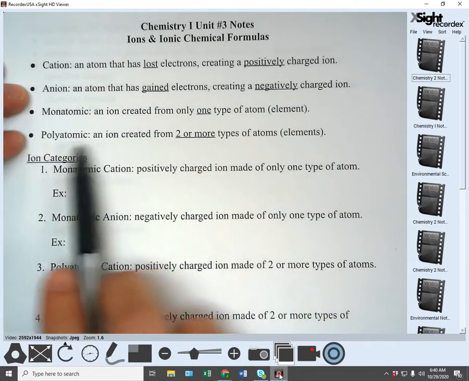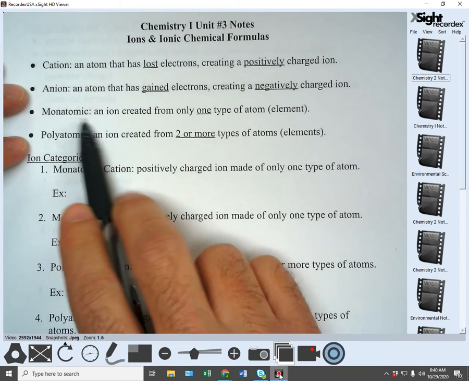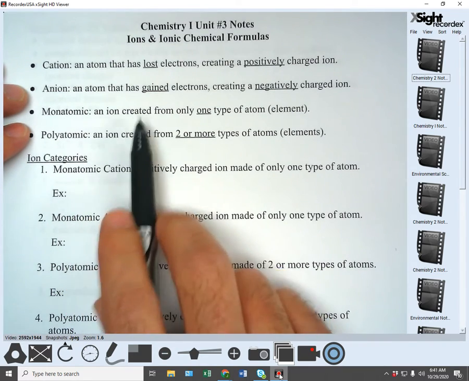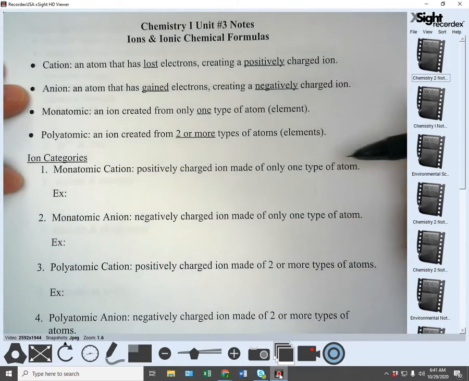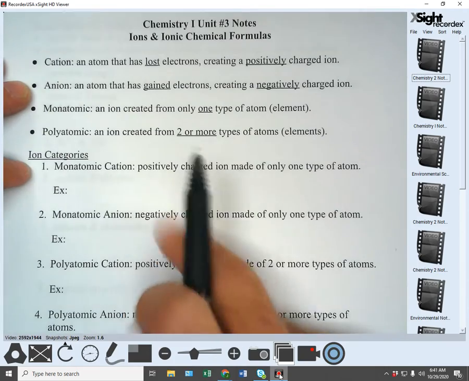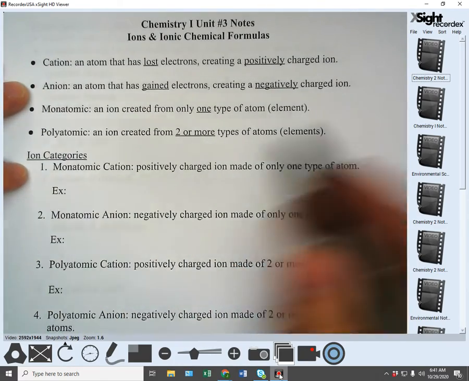We'll hit polyatomic tomorrow, right? So monatomic ions are ions created from only one type of atom. All right. So down here, we're going to do some examples of the monatomic ions.